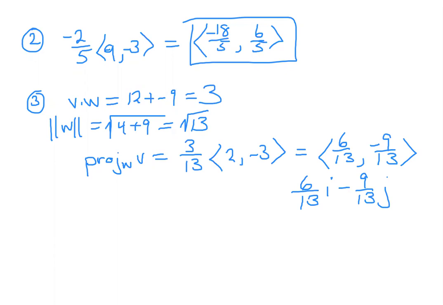Okay, that is how we find vector projections. Now we're going to write a vector as a sum of orthogonal vectors. So stick with me here. Okay, by vector addition, we can also write V as a sum of vectors W1, which is the projection of V onto W, and W2.